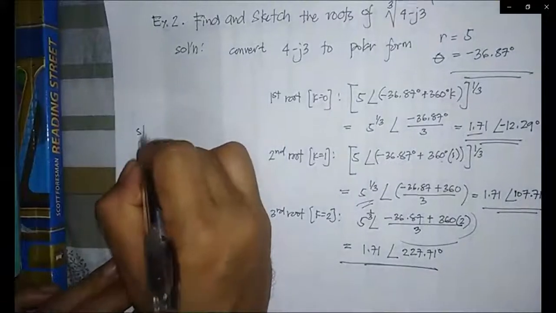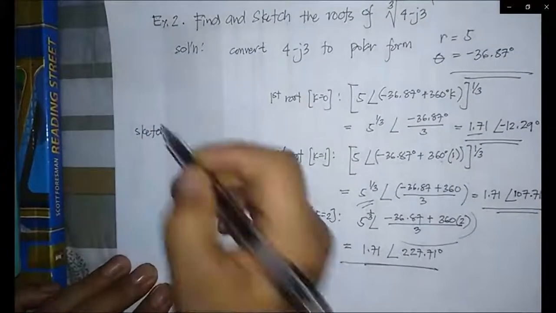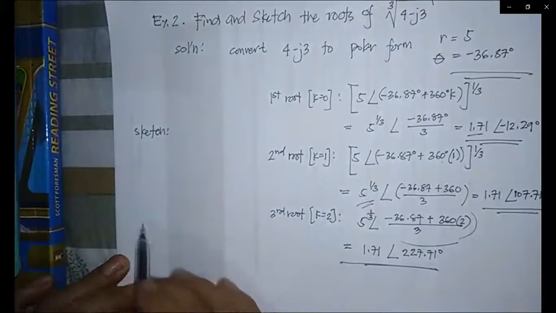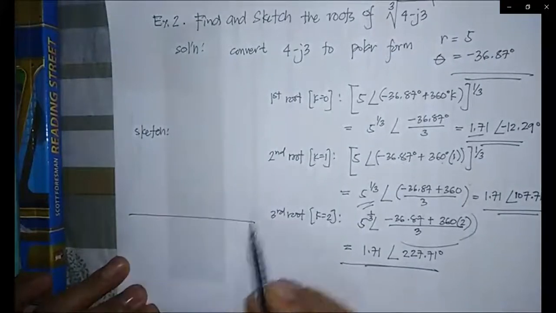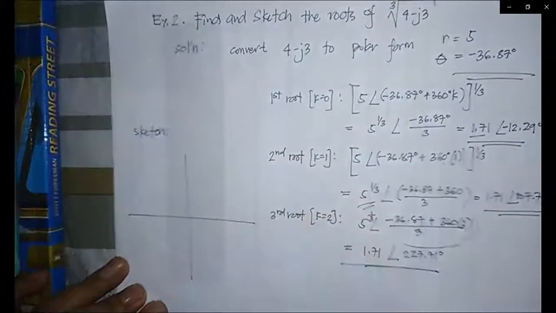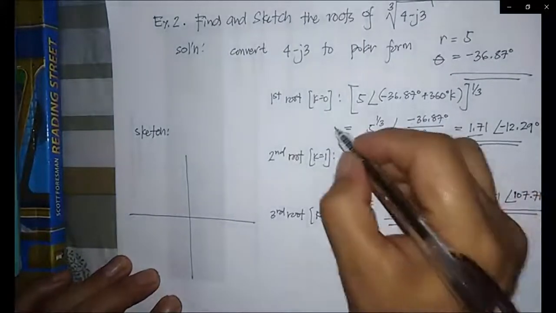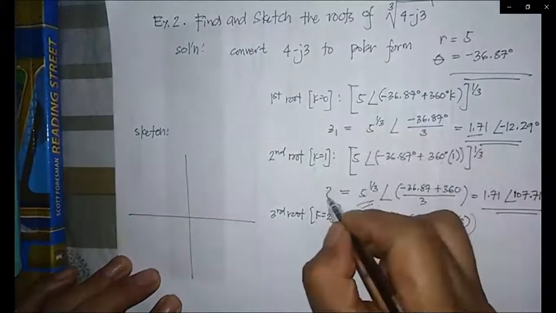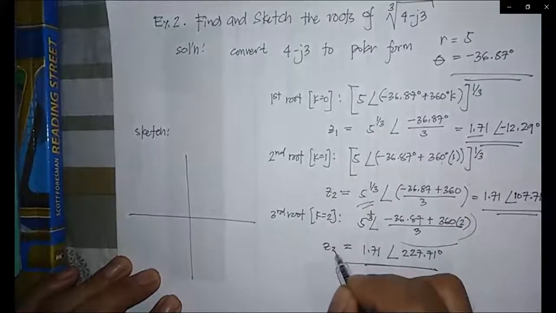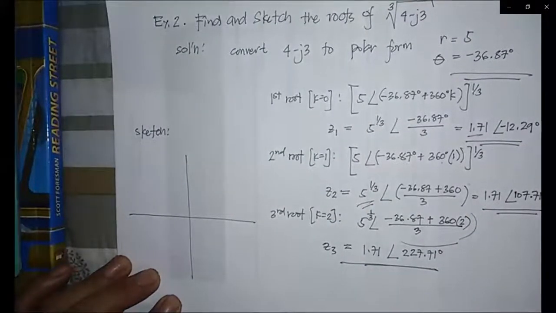After finding all the roots, we are now ready to sketch the roots in your Argand diagram. Let's denote Z1 as your first root, Z2 as your second root, Z3 as your third root.